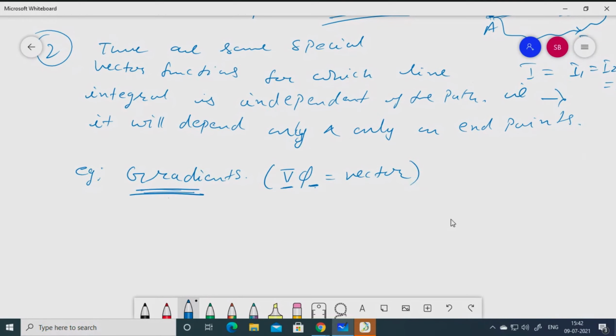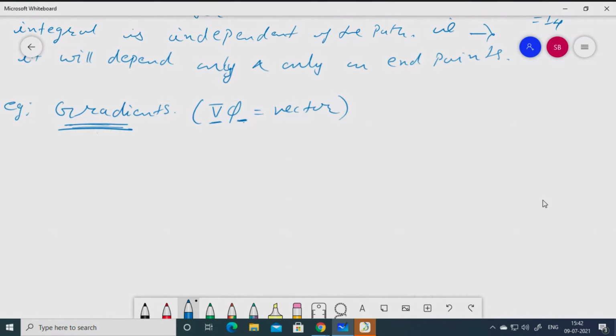Okay, let us see how this is going to happen. Now this is your vector, F bar is this one. I'll write F bar is equal to del phi. Now I want to calculate the integral along any curve from a to b, del phi dot dr bar.